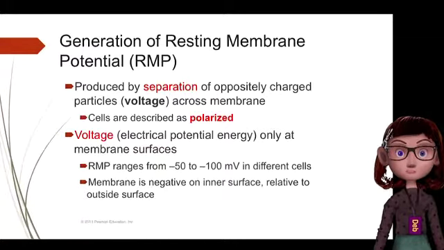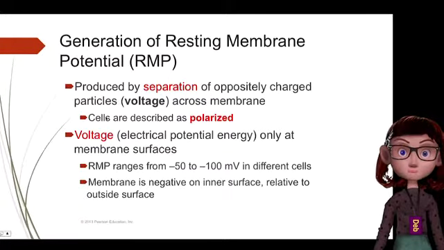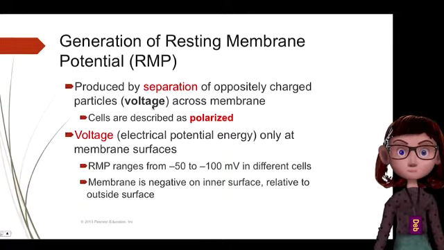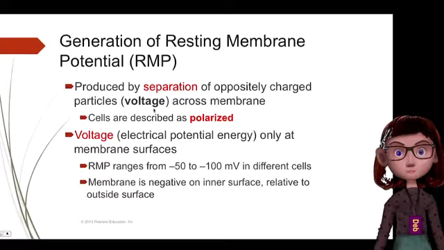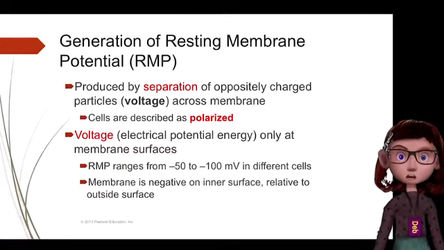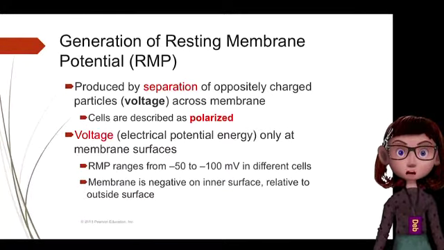a muscle contraction. So, the resting membrane potential, RMP, is produced by the separation of oppositely charged particles, or voltage, across the membrane. Voltage just sounds like electricity. Well, it is. It's an electrical phenomenon because, remember, positively charged particles are going to be attracted to the negatively charged particles and vice versa.